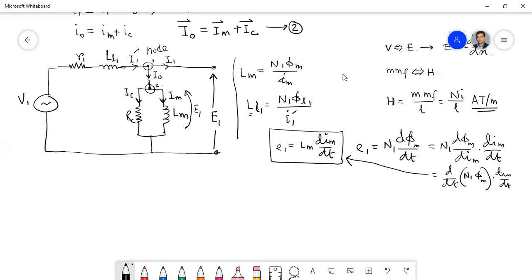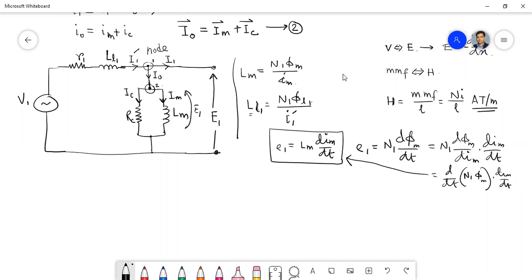Okay, so I think you have understood the difference between the small letter variables and capital letter variables. Now the next question is, so that means the instantaneous values are basically the time variable thing, isn't it? Okay.